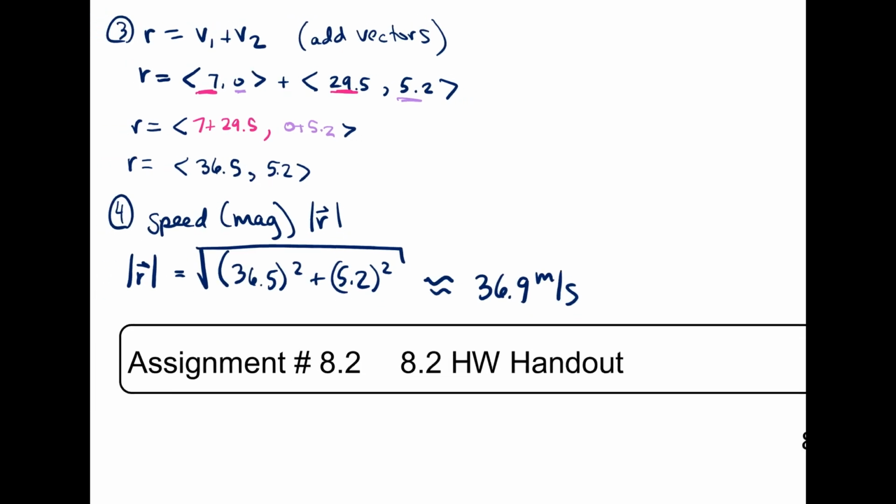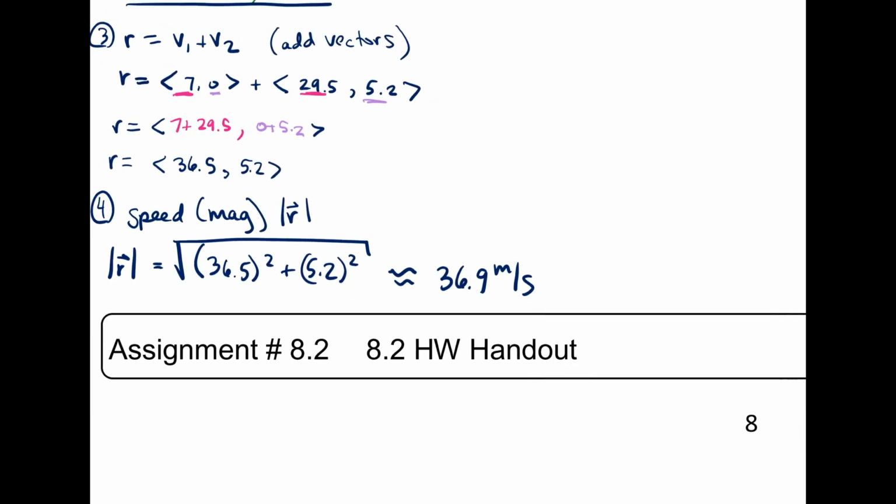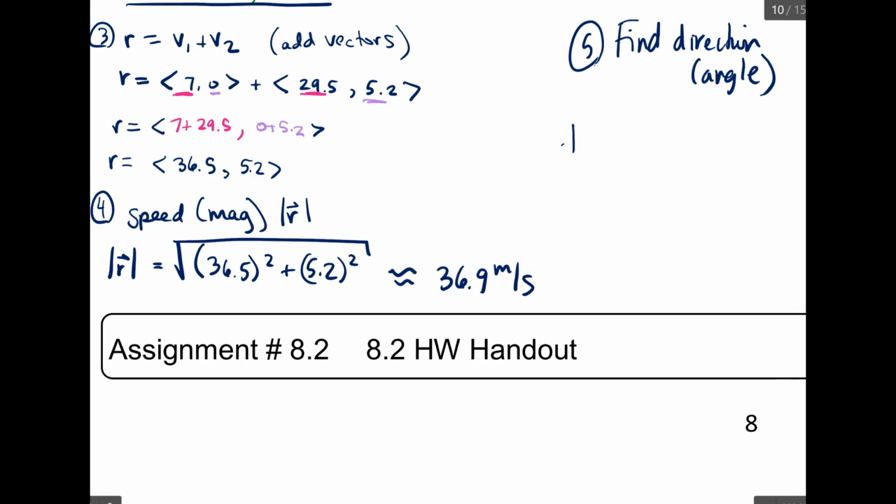Because we have the speed, now we just have to find the direction. To do that, I know tangent of theta is literally y over x. So here that's going to be 5.2 over 36.5.